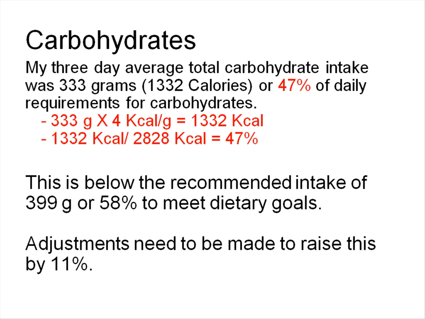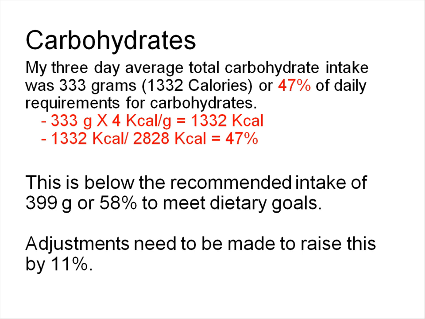Well, our goal is 58%, so in my scenario I'm below the 58%. I'm going to have to raise it by about 11% in order to get it up to that goal. But I'm not going to start off by raising the total carbohydrates. What we're going to do is separate the total carbohydrates into refined sugars and complex natural sugars.